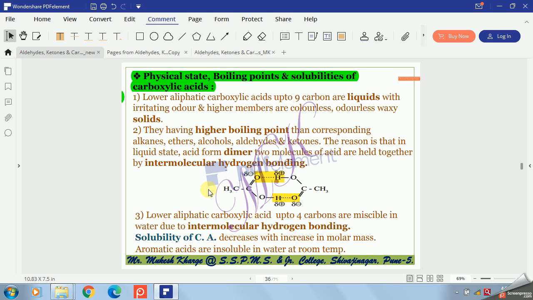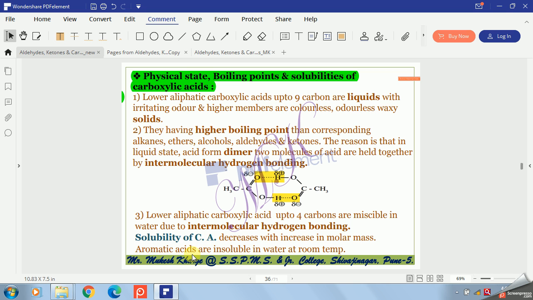And when you have to explain the higher boiling point of the carboxylic acid, then you have to show the dimerization of this acetic acid. Okay, then due to this intermolecular hydrogen bonding, solubility of carboxylic acid increases, and the solubility of carboxylic acid decreases with increasing molar mass.